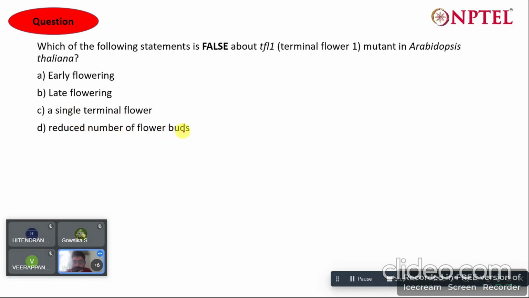Can anybody take a guess? Reduced number of flower buds. Okay. Any more guesses?